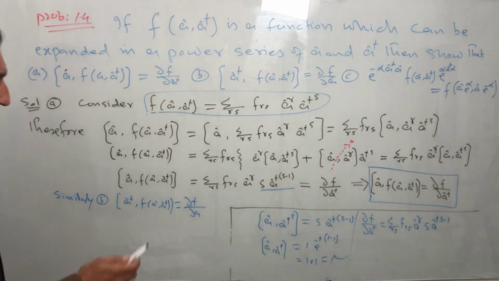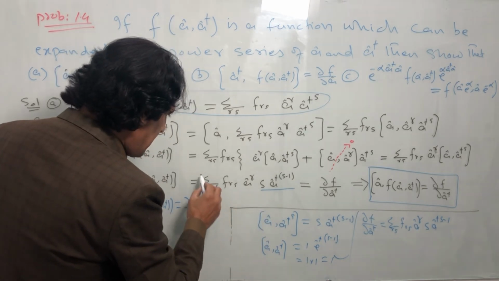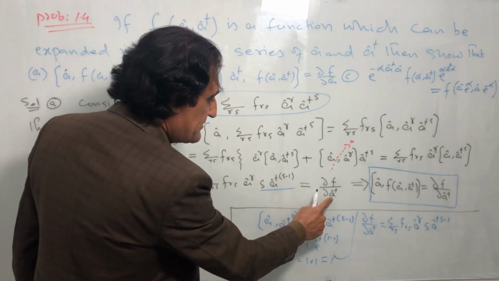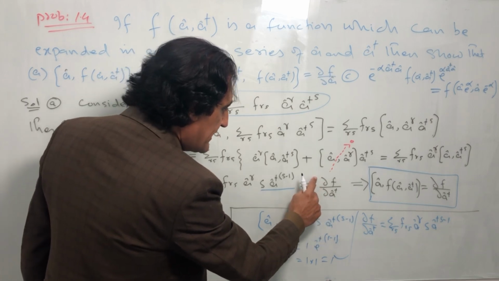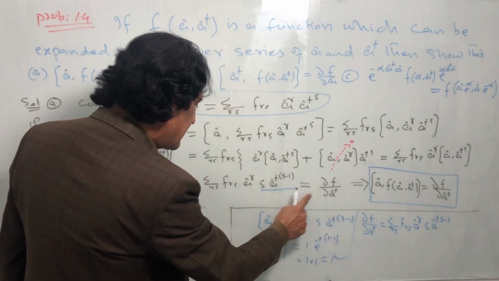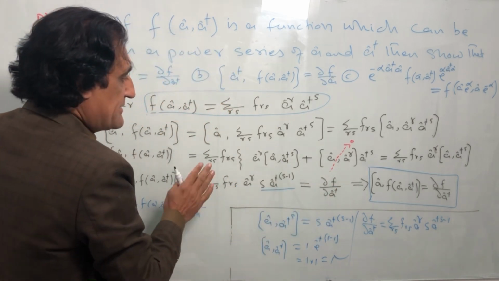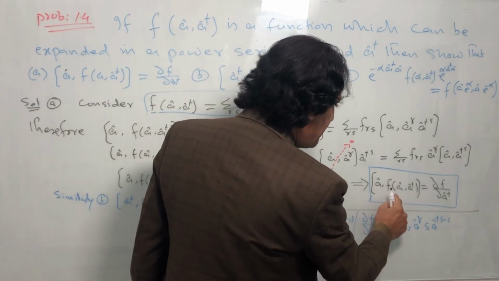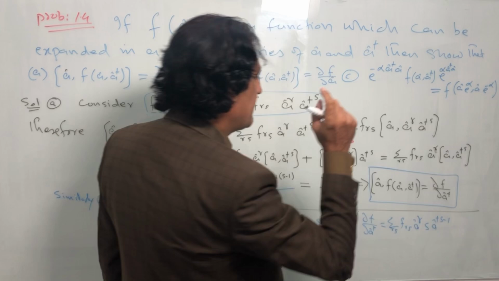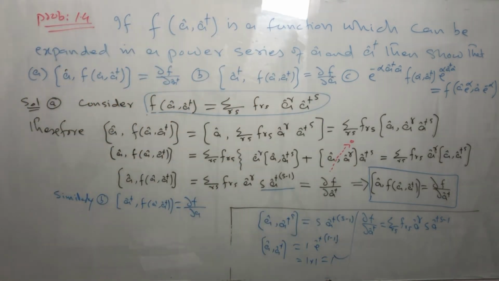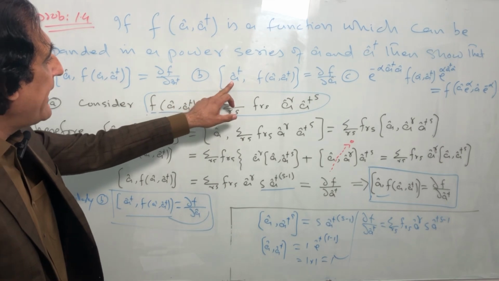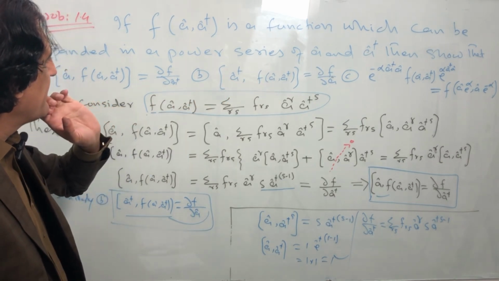So this is nothing but the differentiation with respect to a dagger, partial f divided by partial a dagger. So the commutation of a and this function is equal to partial f divided by partial a dagger, and similarly the commutation of a dagger and this function is partial f divided by partial a.